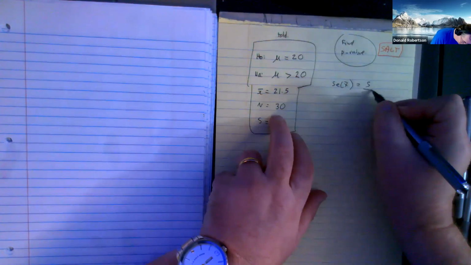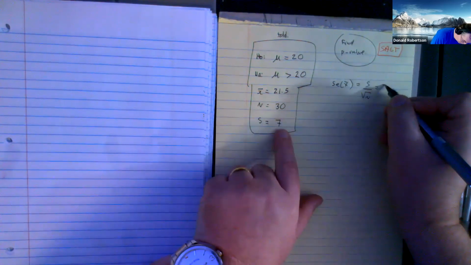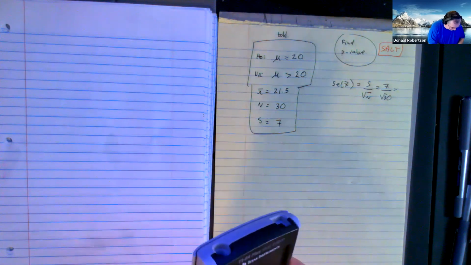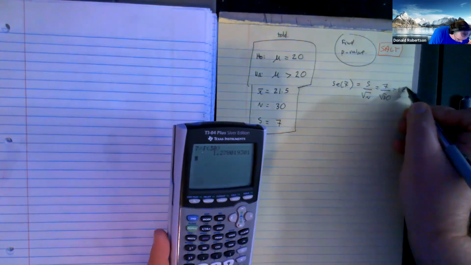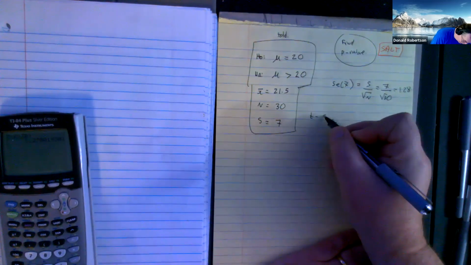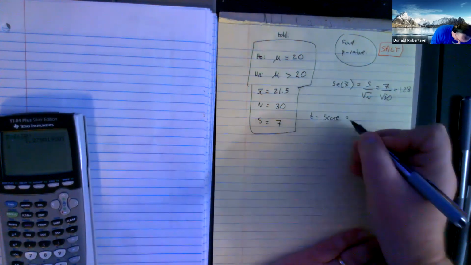So I'll begin with calculating the standard error. In this case, the standard error is going to be S over the square root of N. It's going to be 7 over the square root of 30. And the answer we got here is 1.28. Now, after that guy, you need to get the test statistic, which is what the t-score is called in this case.